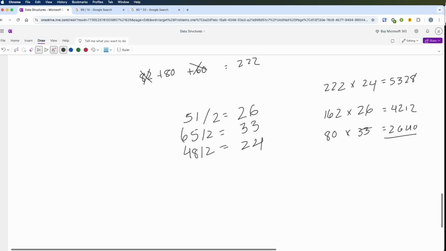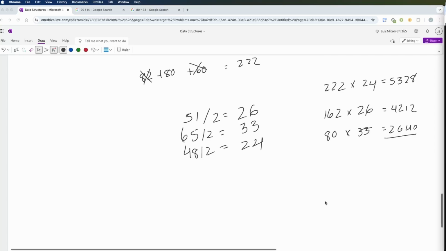All this is 5328 plus 4212 plus 2640. Nope, so this is higher. This is what we got, 12180. Right, so this is what we got here.